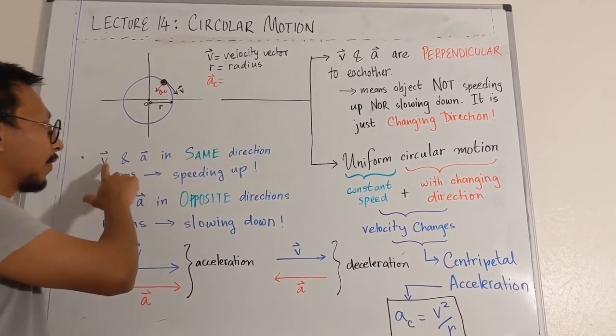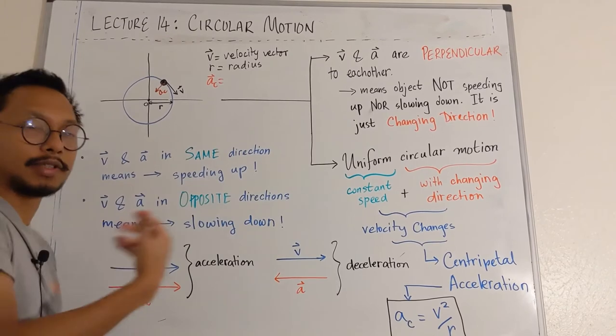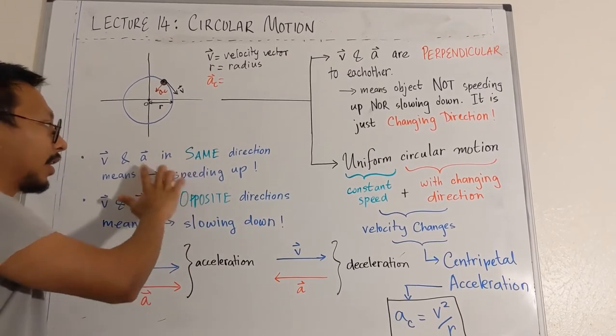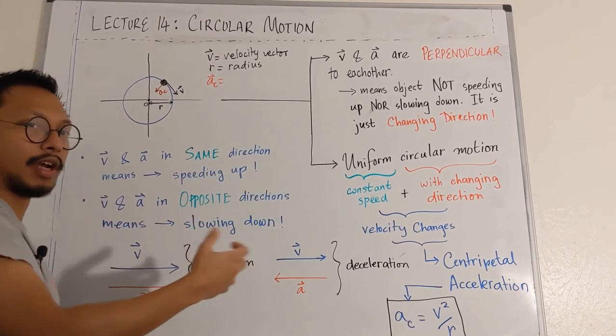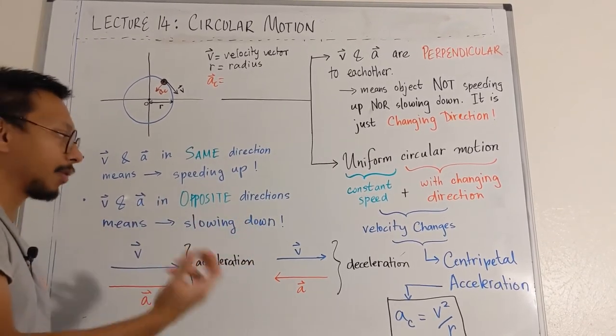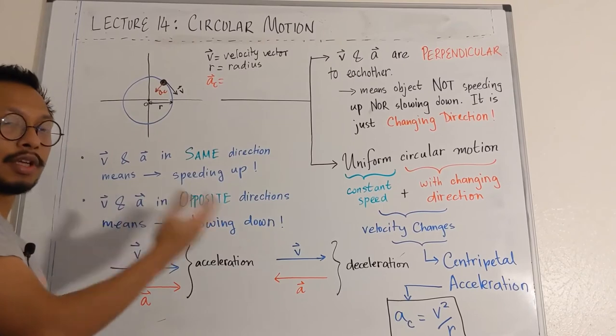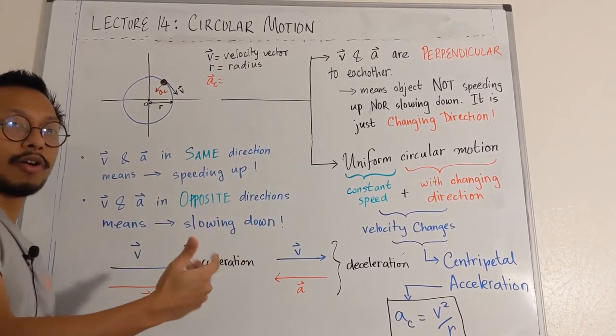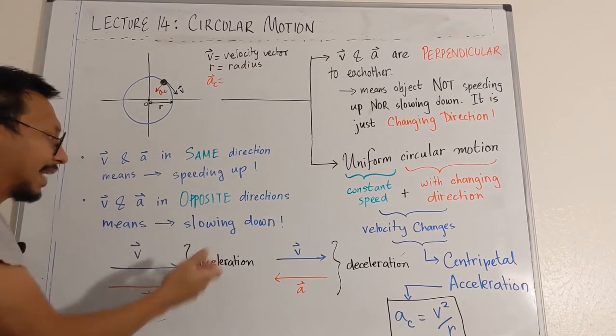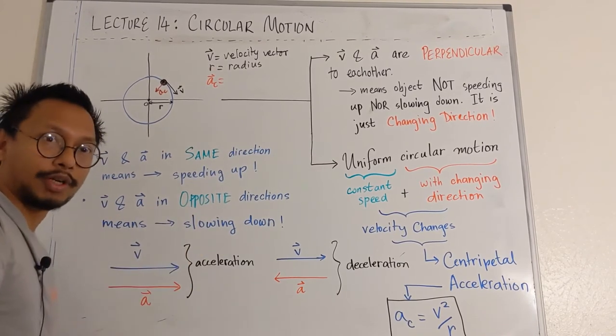Parallel means when v and a are both directed in the same direction, and that implies that any object with velocity and acceleration in the same direction is speeding up, while the opposite, which is when velocity and acceleration are in the anti-parallel directions, which means they're opposite to each other, implies that the object is slowing down, right?